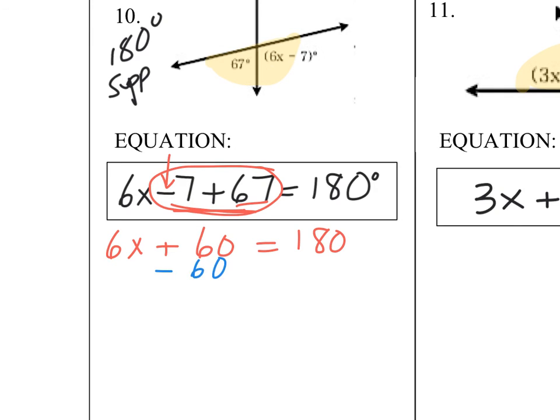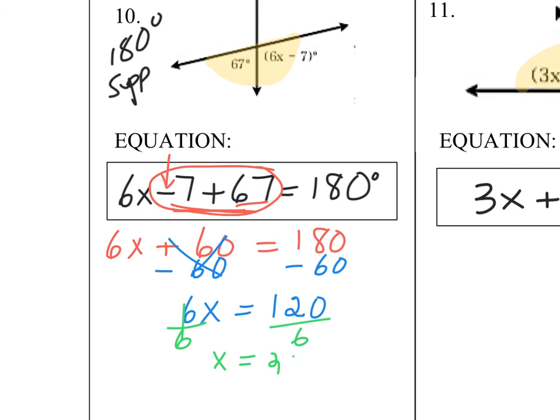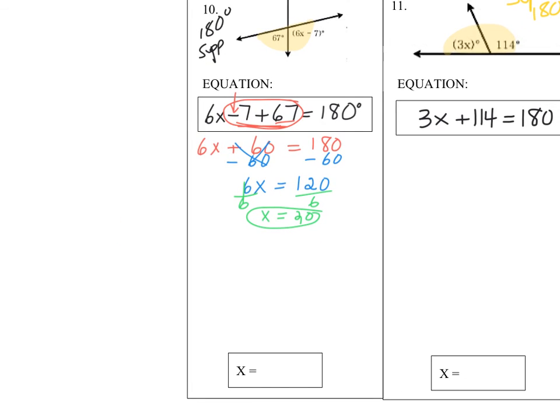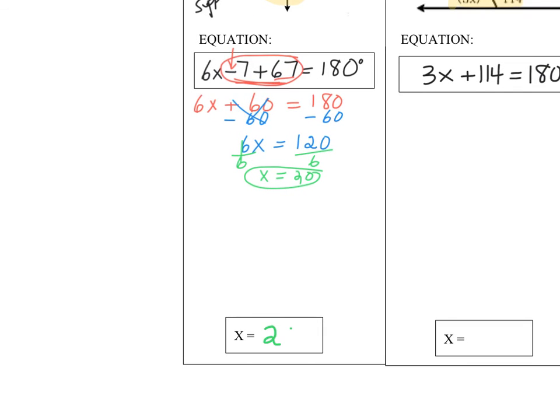Subtract 60 on both sides. 6x equals 120. Divide by 6 on both sides. That's 20. So x equals 20.